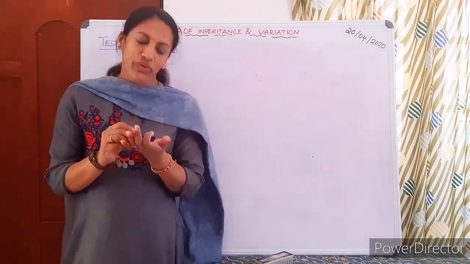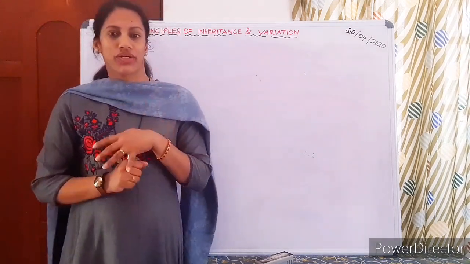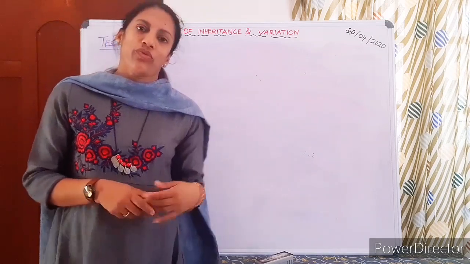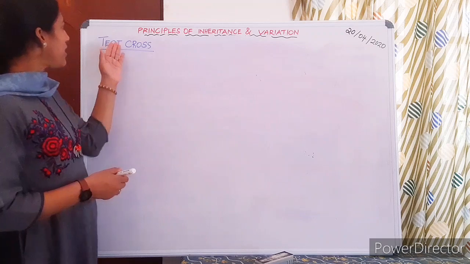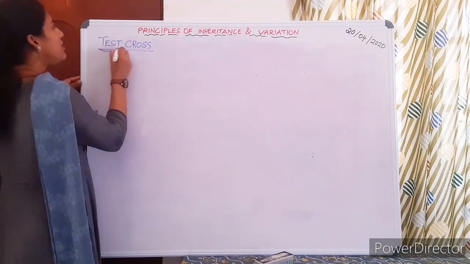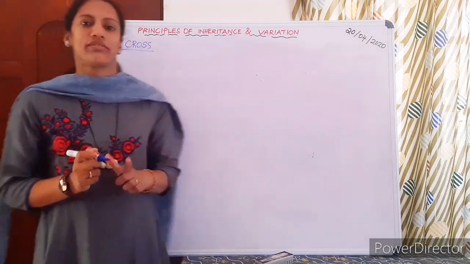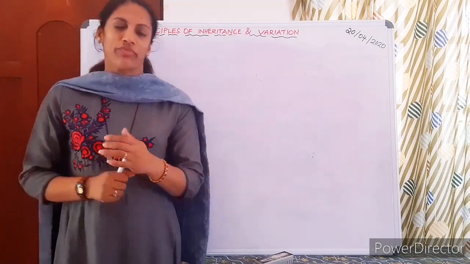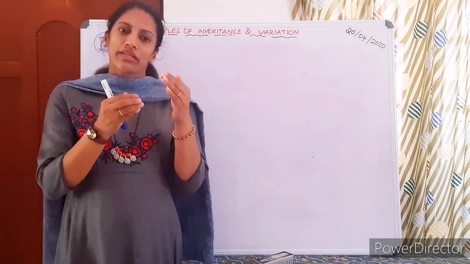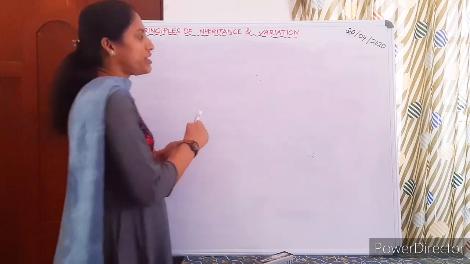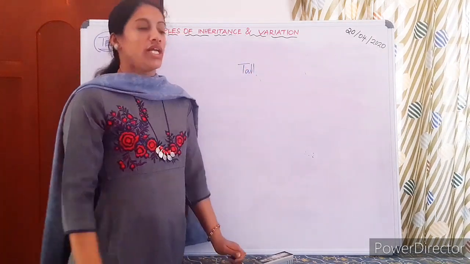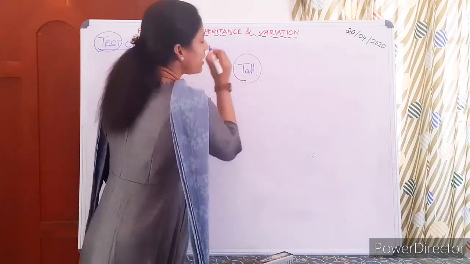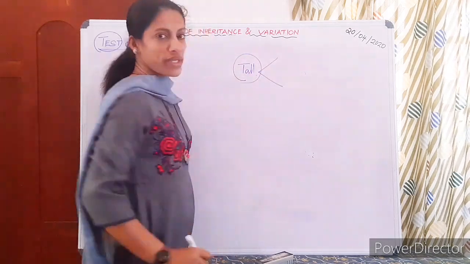From the name itself you can understand what a test cross is. Tell me what is meant by a test cross. It is carried out to test something. Just take one Mendel character, tall. The phenotype tall has two genotypic expressions.